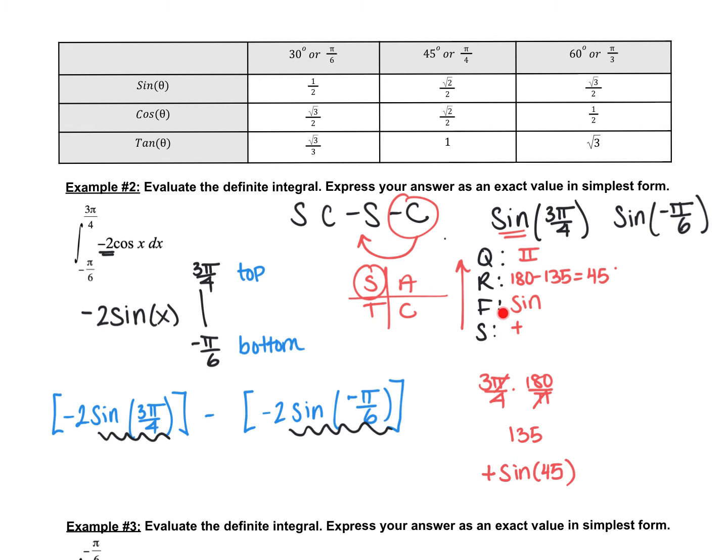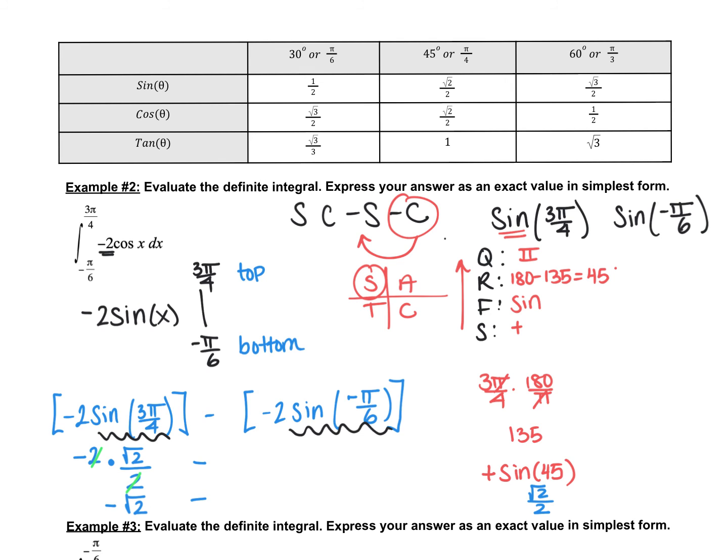All we have to do is go to our exact value chart, and sine of 45 is radical 2 over 2. So that goes in here, and we multiply by the negative 2 in front. The 2's cancel, so you're just left with negative radical 2.